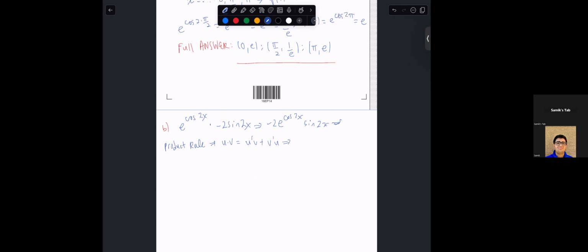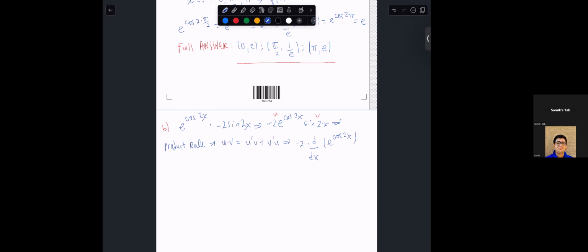First we'll consider this as u and this as v. According to the formula, we have to find u dash first. So that is minus 2 into d upon dx of e raised to cos of 2x.